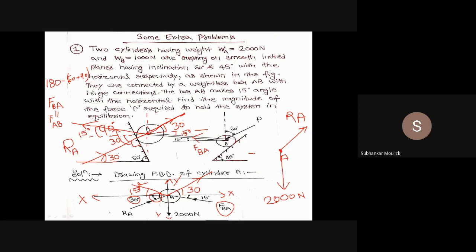So this particular angle is 30. Then this is the direction of FBA.